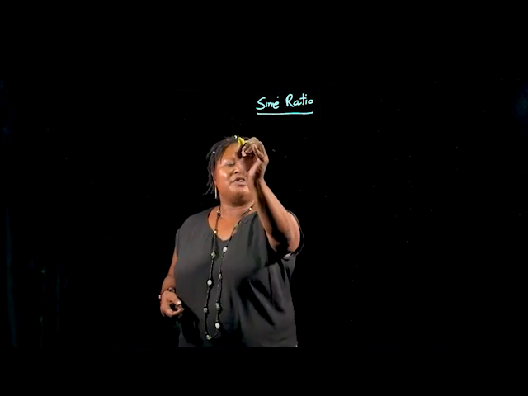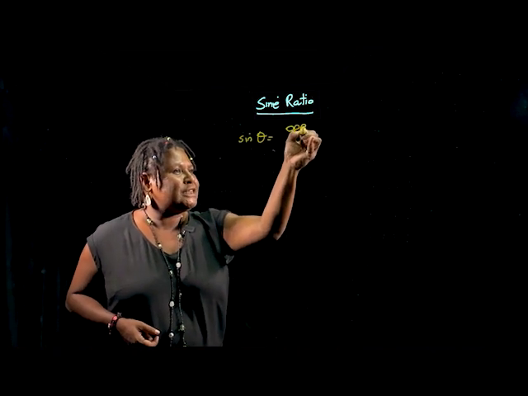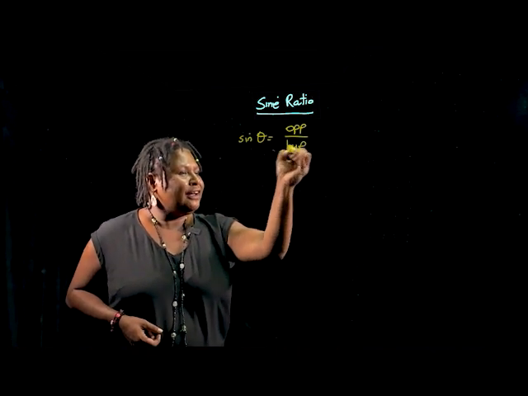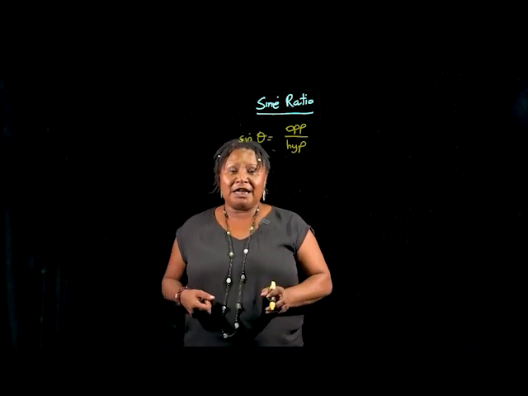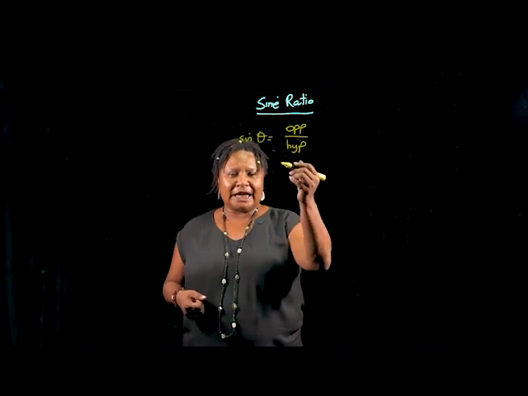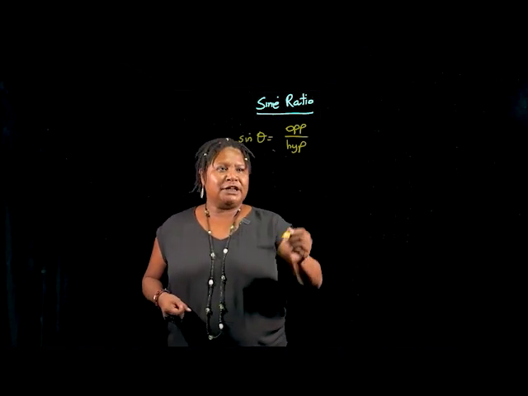Now, in our last lesson, we saw that the sine ratio is the relationship between the opposite and the hypotenuse. Okay, that much we determined in our last segment of the lesson. Sine theta equals opposite over hypotenuse.